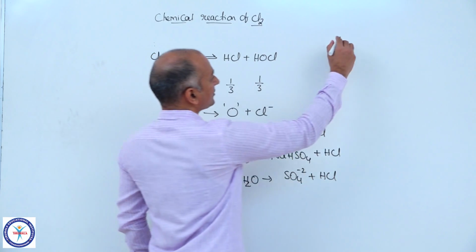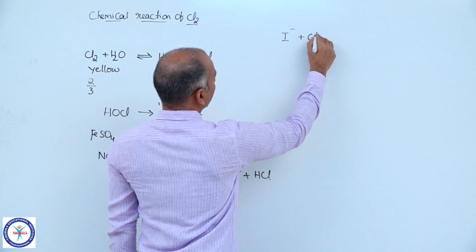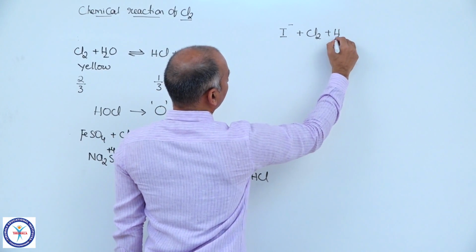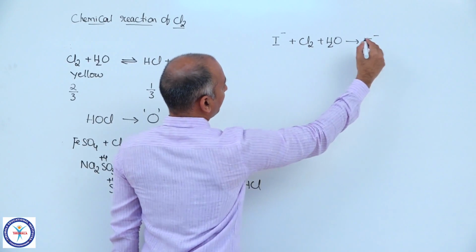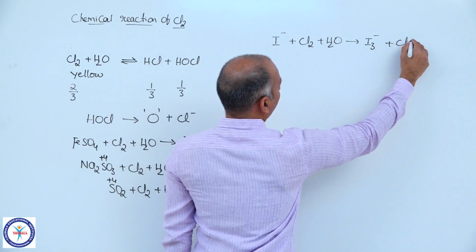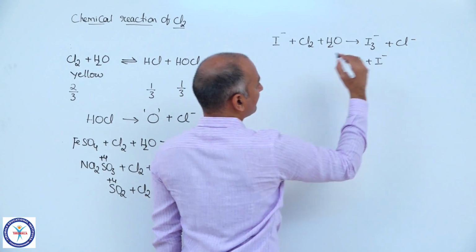And in some other reactions, you take I minus, you treat this compound with chlorine water, you will get I3 minus plus Cl minus, and you know I3 minus is nothing but I2 plus I minus.